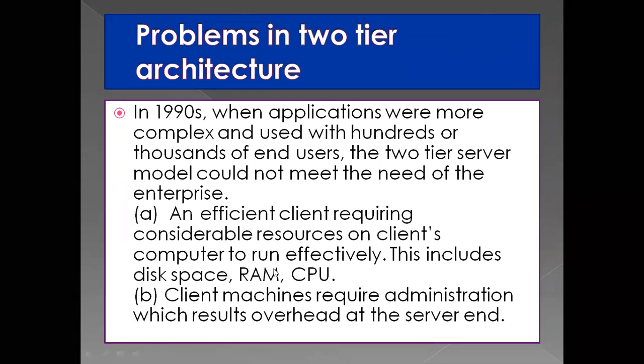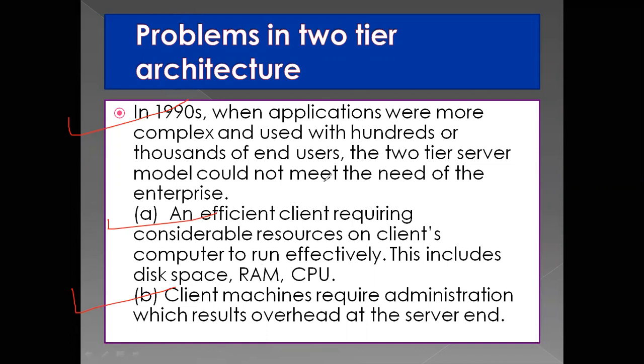First of all, RAM, and your specs also, and the CPU power. Then client machines require administration, which results in overhead at the server. So these are the two problems associated with the two-tier architecture.